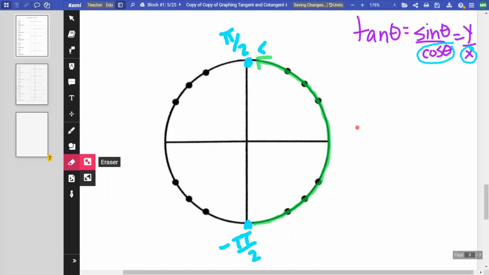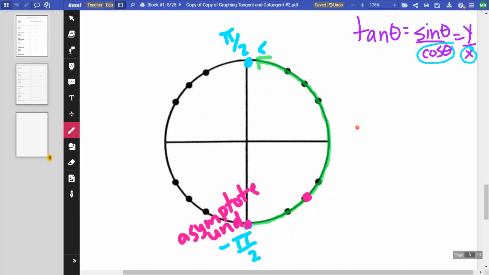Now the values that we're going to be plotting or dealing with, this right here is going to be undefined, which means asymptote. As I'm going around this point here, which is at negative pi fourths, is going to be -1.